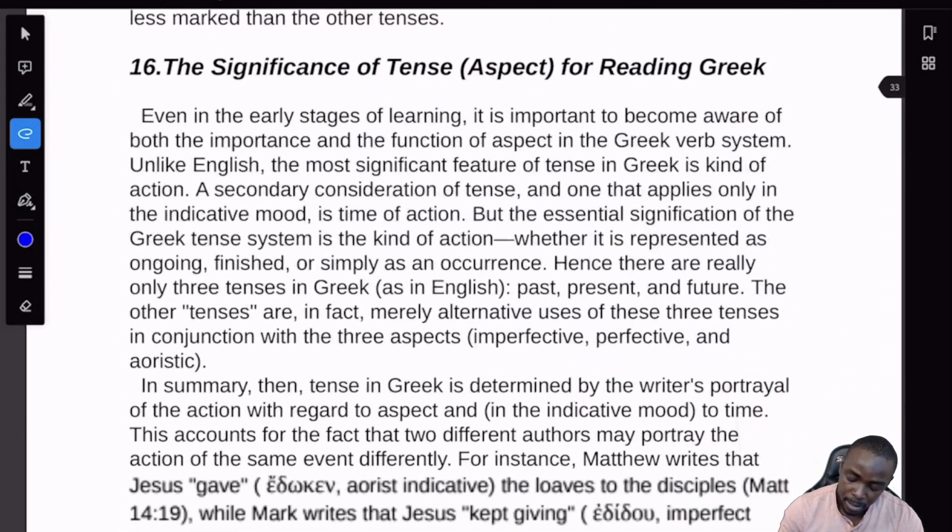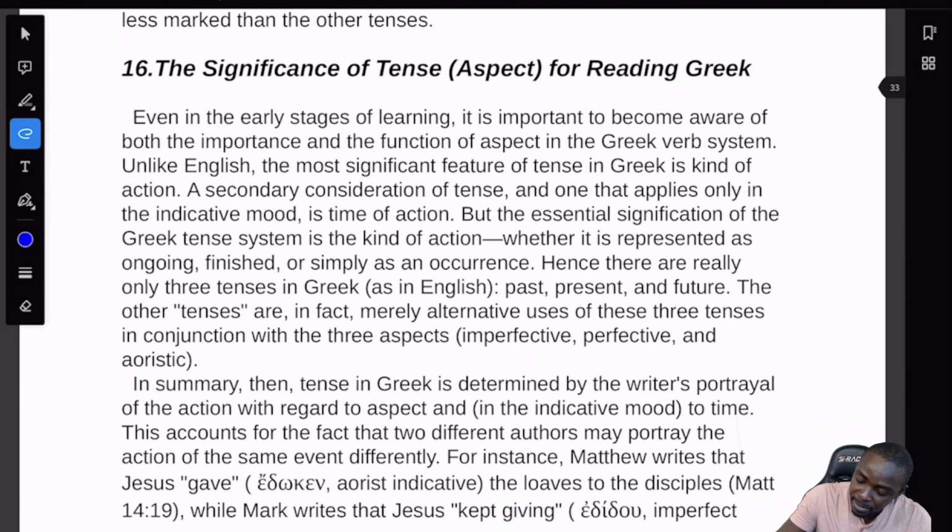So let's run on. The significance of tense aspect for reading Greek. Even in the early stages of learning, it is important to become aware of both the importance and the function of aspect in the Greek verb system. Unlike English, the most significant feature of tense in Greek is kind of action.